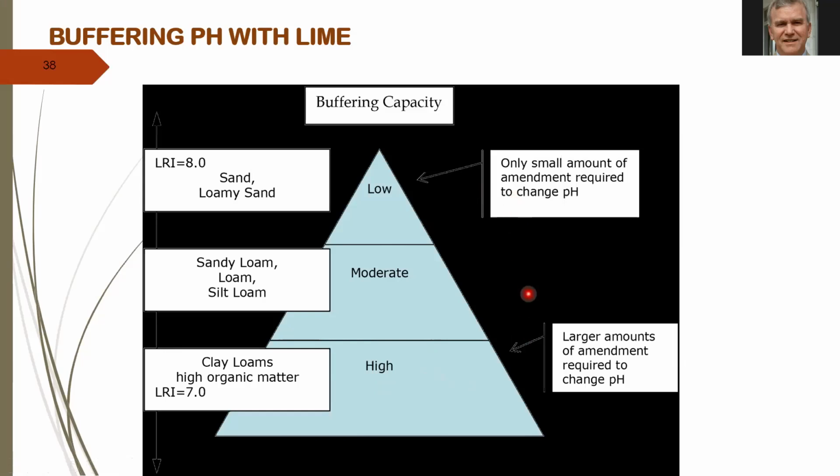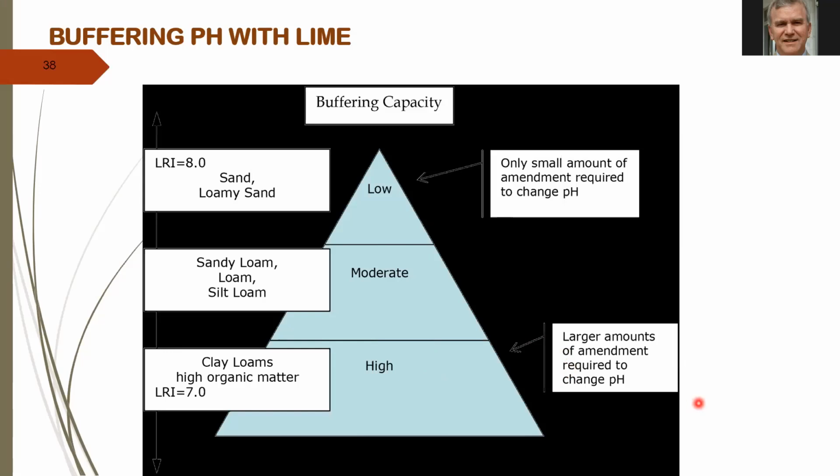On the other hand, in a clay soil with a high amount of organic matter, it takes a larger amount of lime as a soil amendment to change the pH. This is important to understand when you approach the process of liming your soil to manage pH.